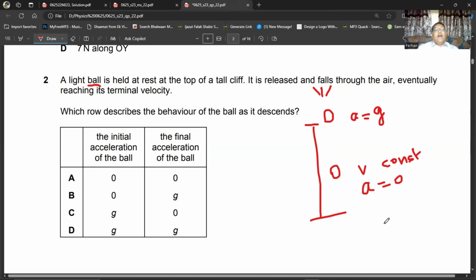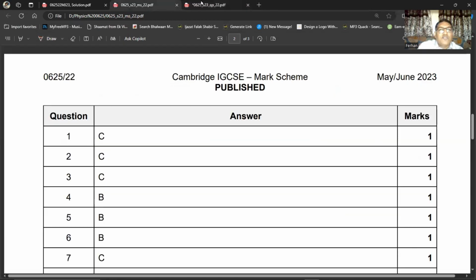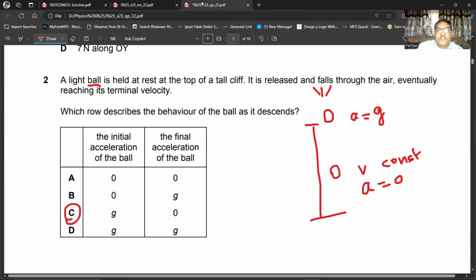So the initial acceleration of the ball will be g. The final acceleration of the ball, when it is falling with constant velocity, which we call the terminal velocity, becomes 0 because the velocity becomes constant. The resultant force becomes 0. So I think C is the right option, sir, for question number 2.